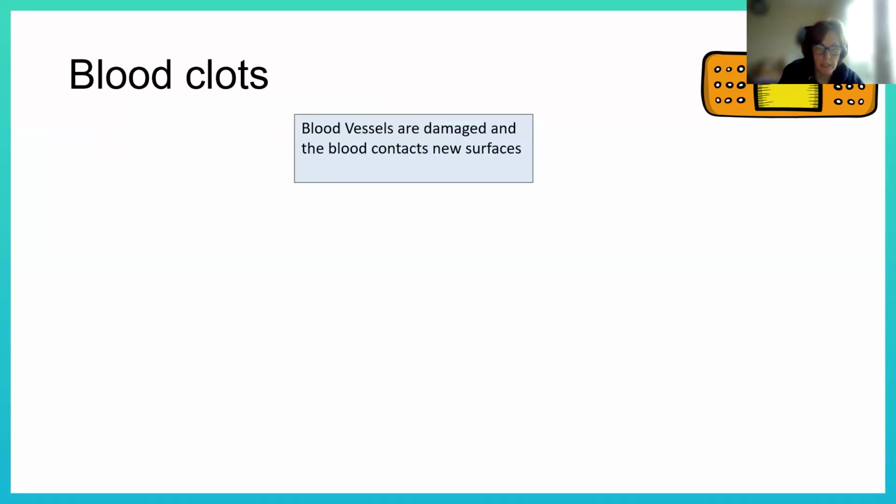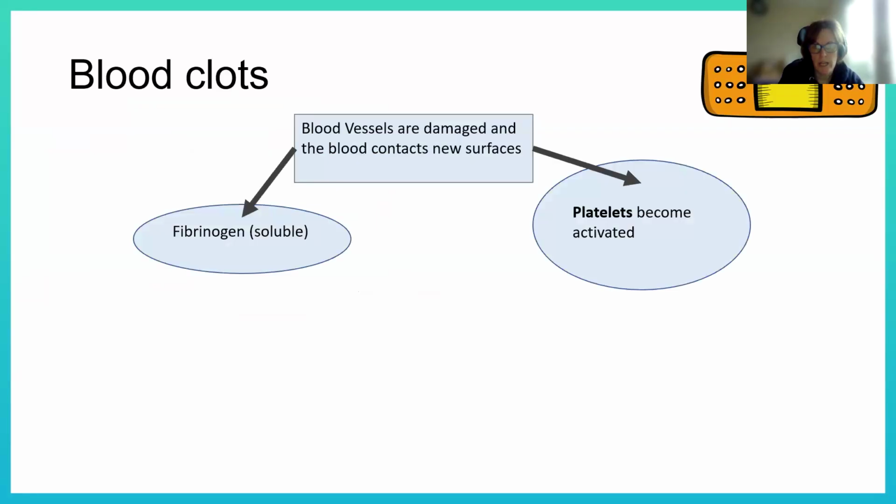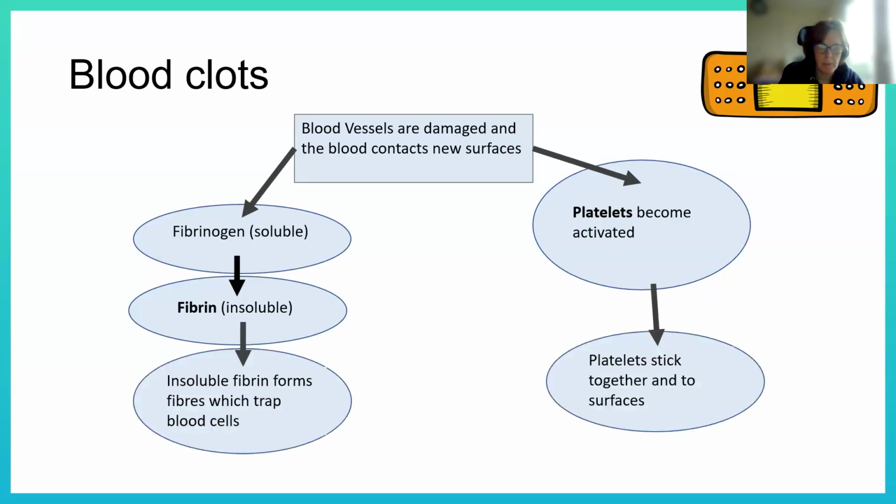So if a blood vessel is damaged and the blood comes into contact with new surfaces, 2 things happen. The platelets become activated, and the fibrinogen, which is a protein which is floating around, which is soluble, becomes insoluble. It turns into its insoluble form called fibrin. So it's chemical reactions that make that happen.